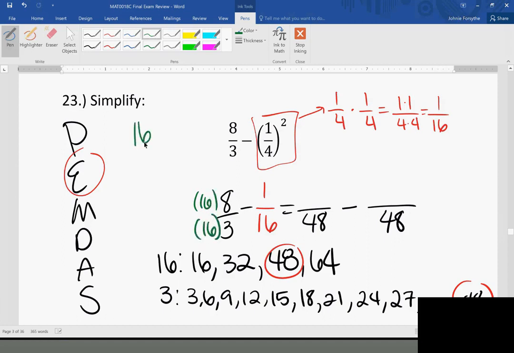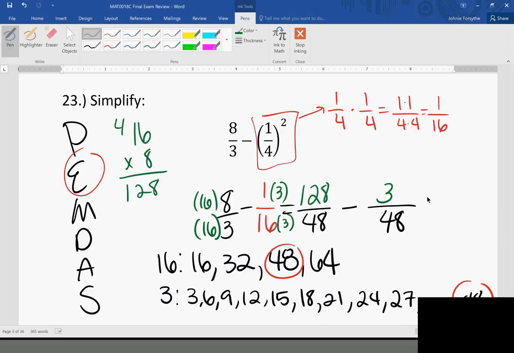So 16 times 8. 8 times 6 is 48. Carry the 4. 8 times 1 is 8 plus 4 is 12. So 128 over 48 minus, multiplied by the 3 over 48.